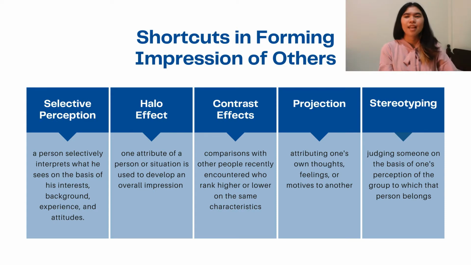When we say selective perception, an individual selectively interprets what he sees based on his own attitudes, beliefs, characteristics, and things like that. While when we say halo effect, an individual uses one attribute of another to develop an overall perception or impression of that person or thing.